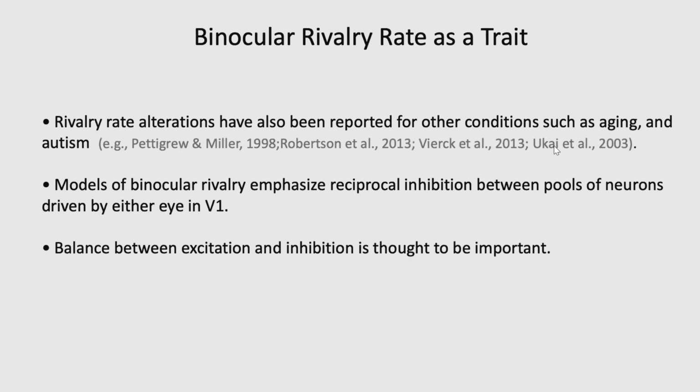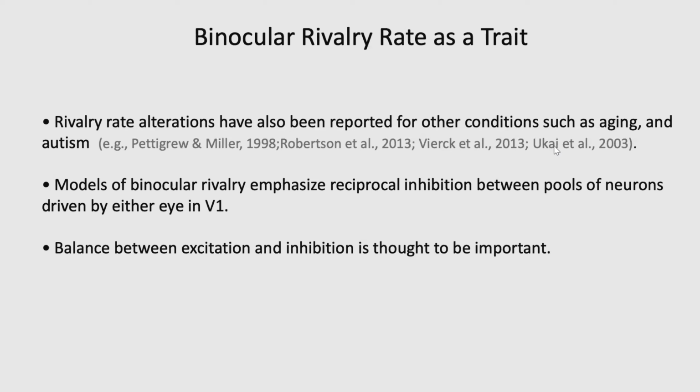And just a little bit more about this trait-like aspect. It's been shown that rivalry rate can vary across groups, in terms of conditions such as autism or aging populations, or even medications and other changes like that.